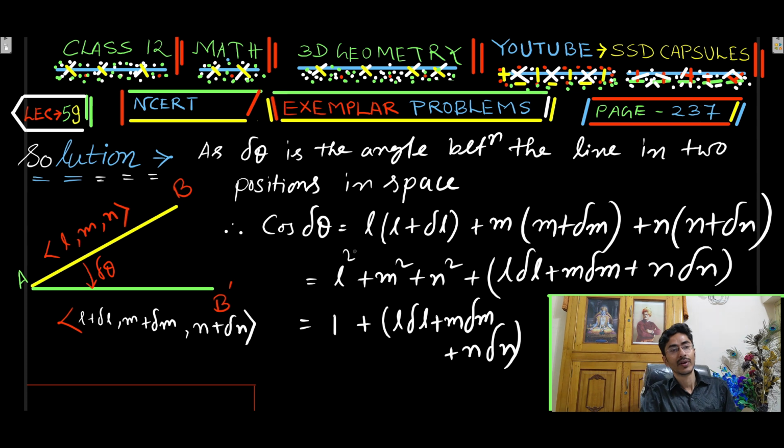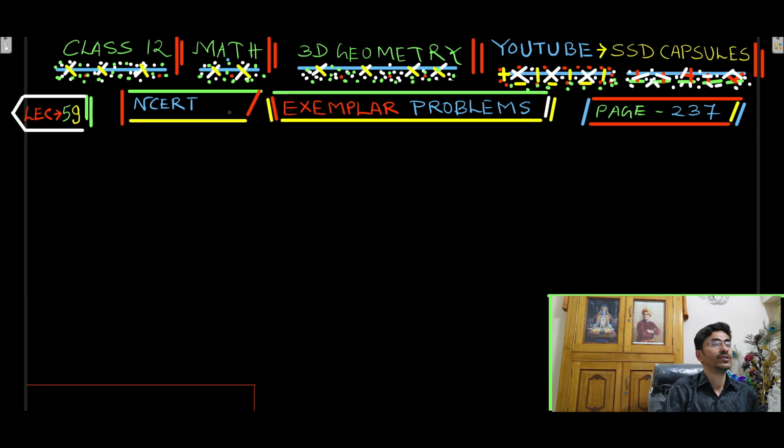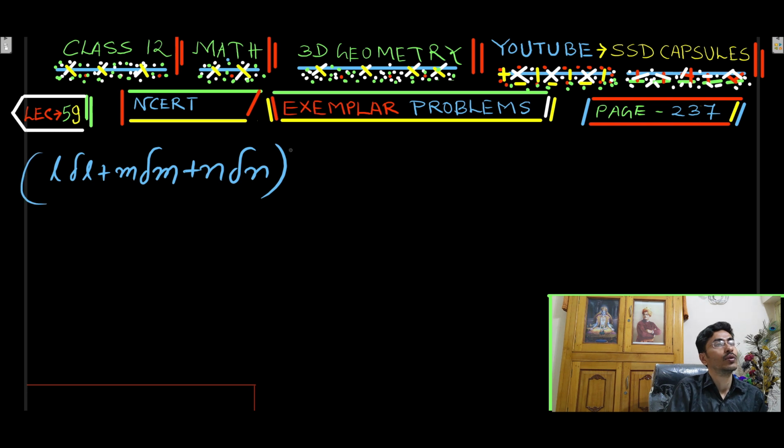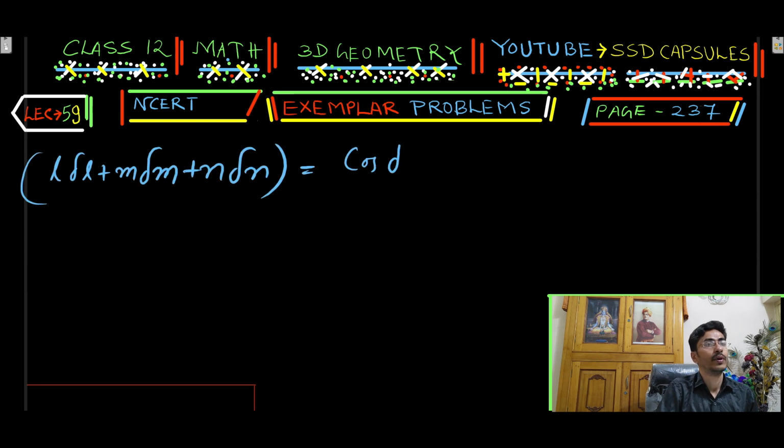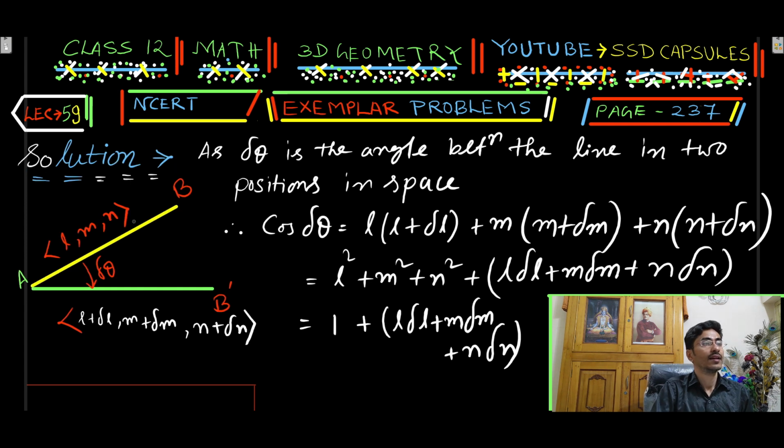So here we have in our hand, next page, therefore l delta l plus m delta m plus n delta n equals, see previous page, cos delta theta minus 1. Now here the direction cosines of the same line in its new position AB dash are this.